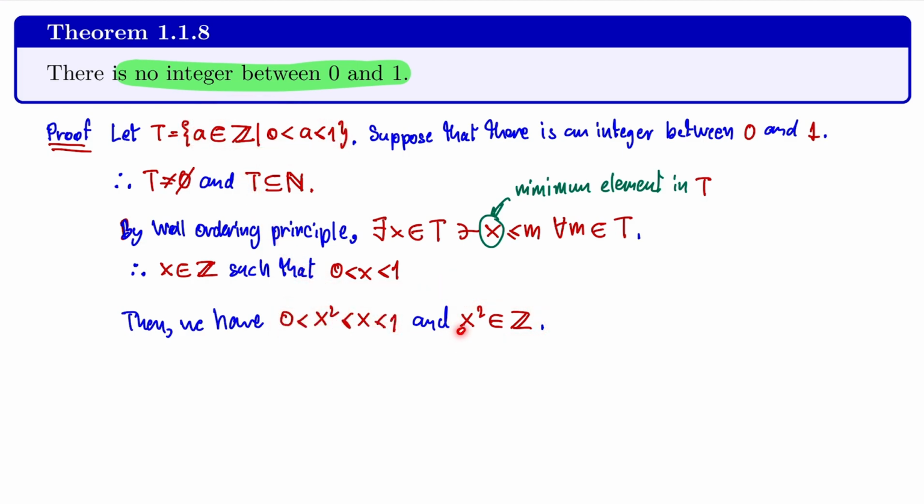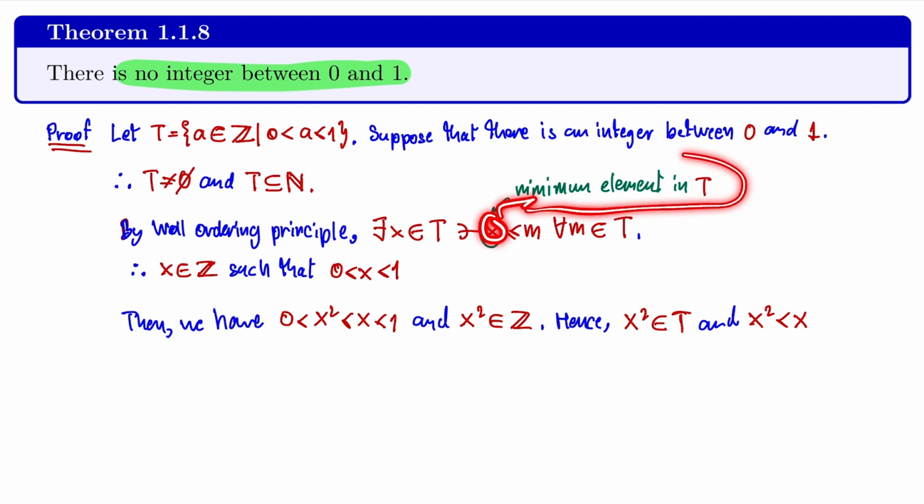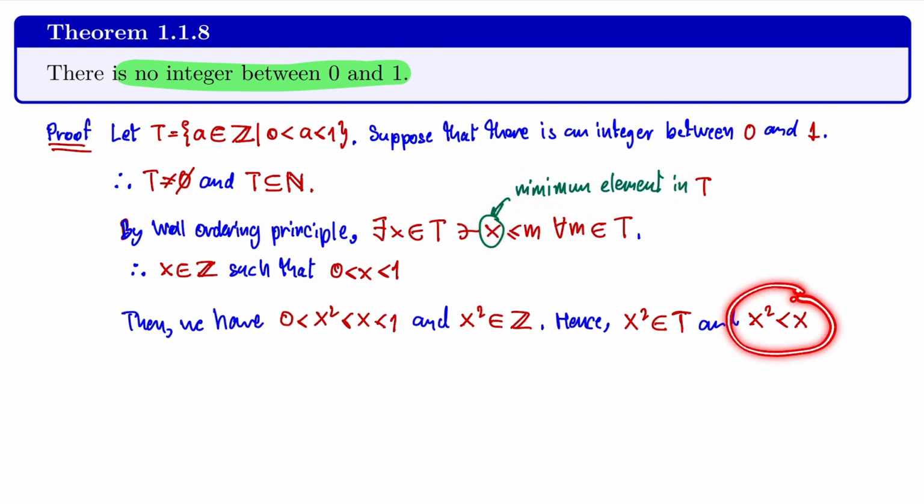This means that x squared must be in set T, and x squared is less than x. But x is the smallest element in set T. So we have a contradiction.